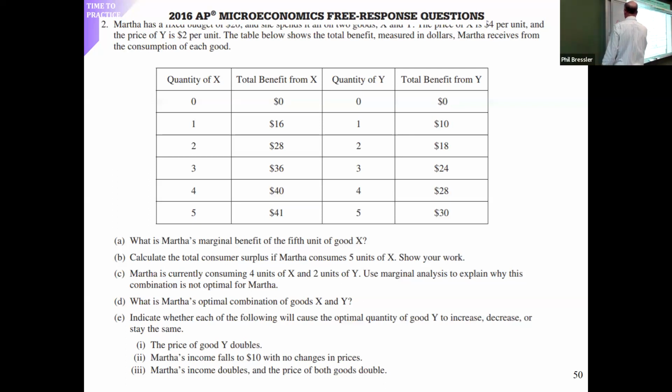Marginal utility or benefit of X over the price of X equals the marginal utility or benefit of Y over the price of Y. So I've got to get my marginal benefits here. So that's 16. Here it's going to be 10. 18 minus 10 is 8. 24 minus 18 is 6. 4 and 2.